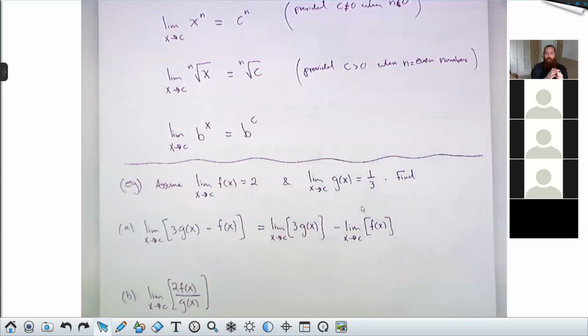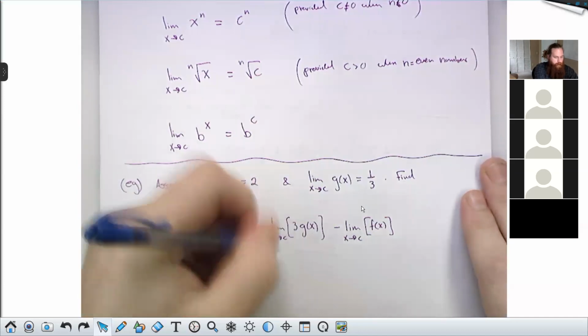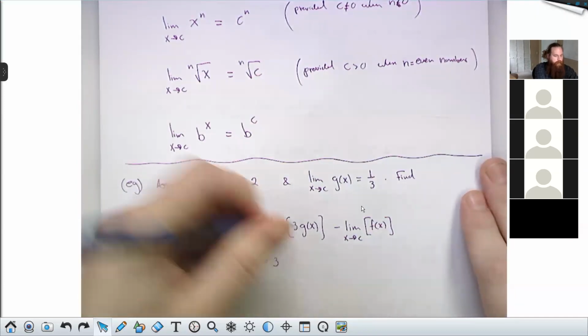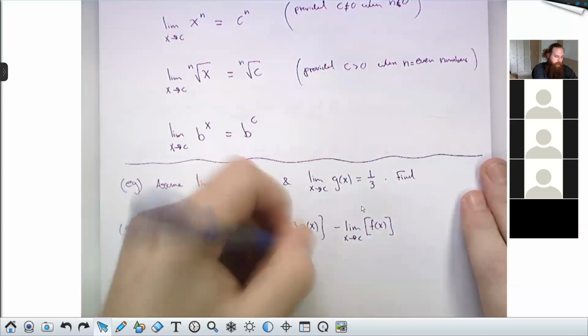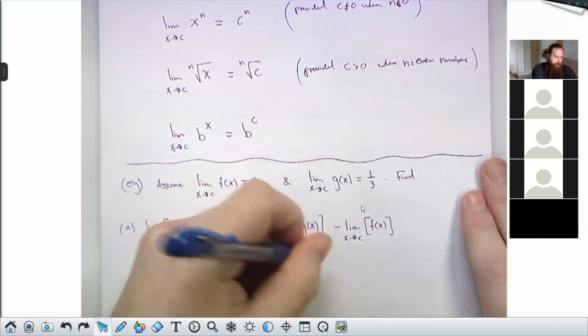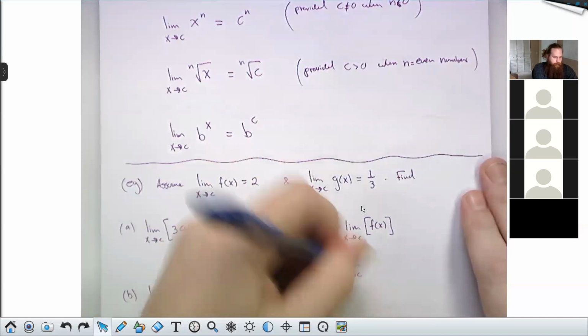That's using the rule that says the limit of a difference is the difference of the limits, so you can split up the limit over subtraction. And then if you wanted to be very careful about it, you can pop this 3 out, because the limit of a constant times a function is the constant times the limit of the function. And this guy we can leave alone.